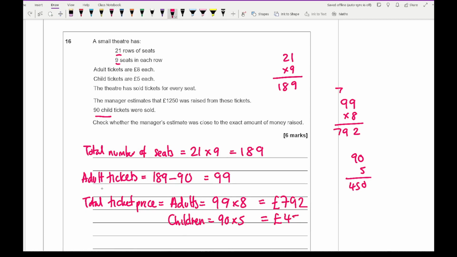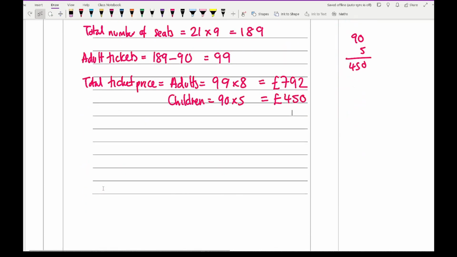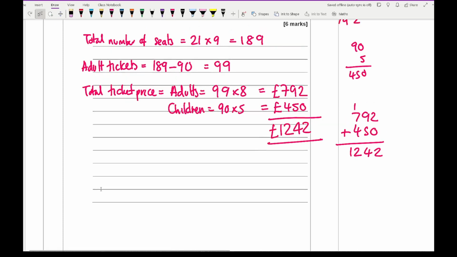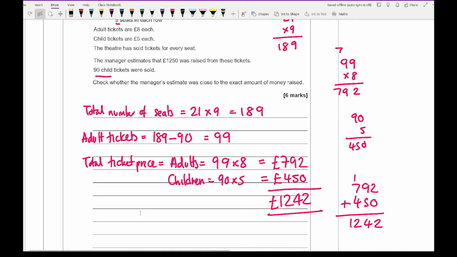We've got 450. So then for the total price, what I need to do is add these total amounts up. So I've got 792 plus 450. So I've got 2, 4, and then carry the 1, and then we've got 8 plus 4, which is 12. So it's 1242. So how good is his estimate? Well, the manager's pretty close.